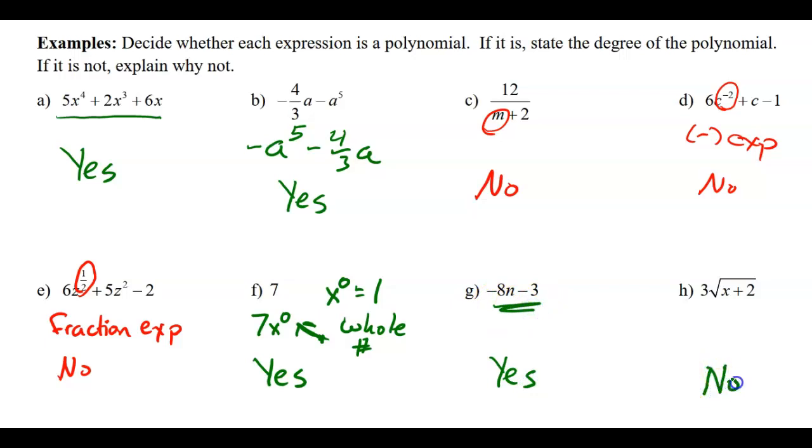This one is no. No, and because I have a radical variable right here. All right, so that's how you can look at a number and tell whether it's polynomial or not. Essentially, if there's anything kind of weird going on, then it's not a polynomial.